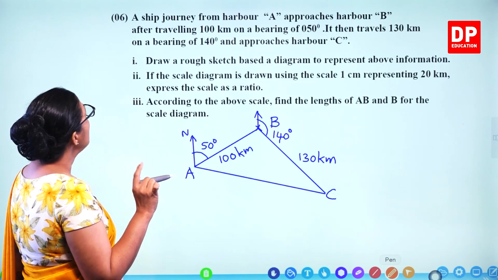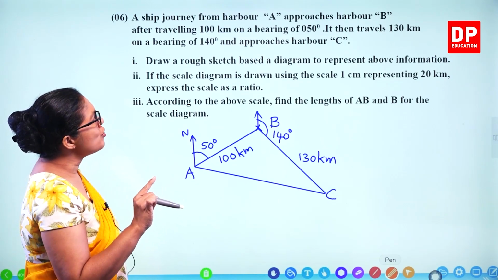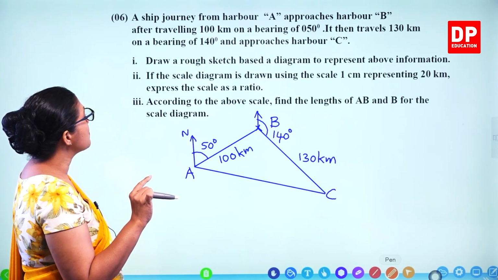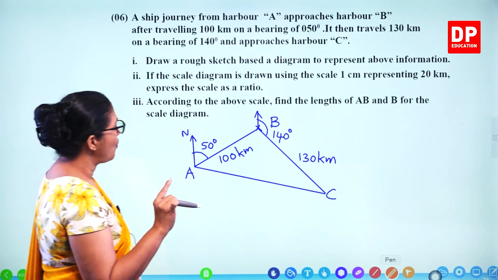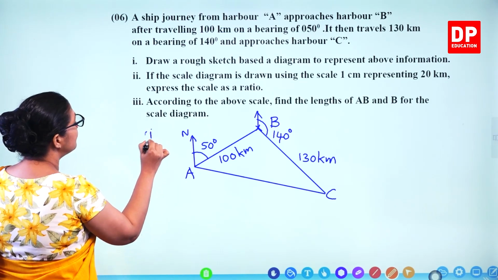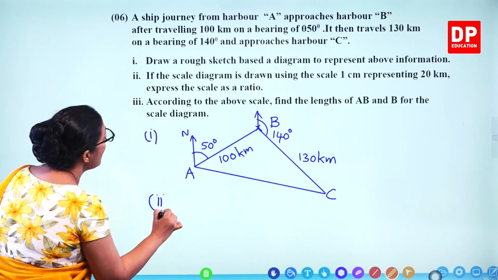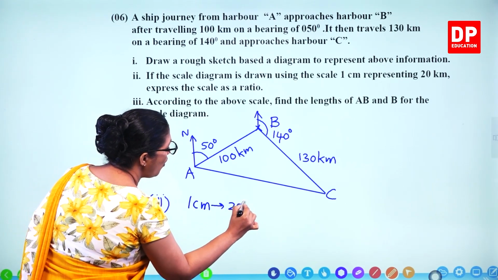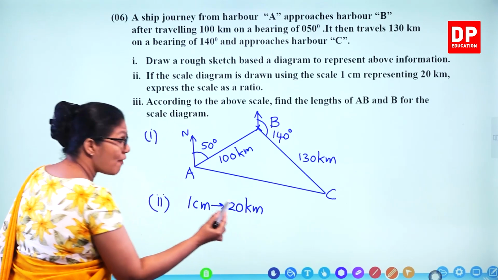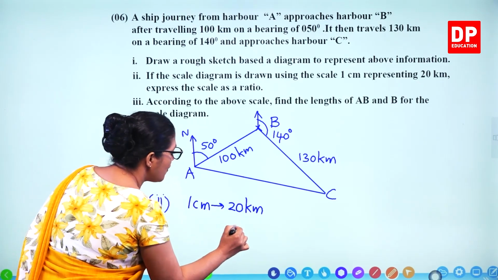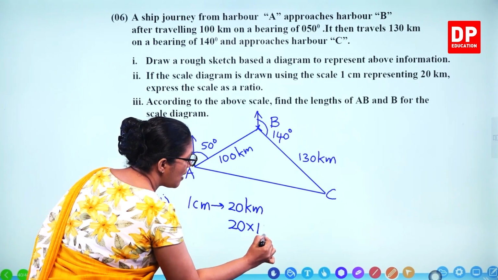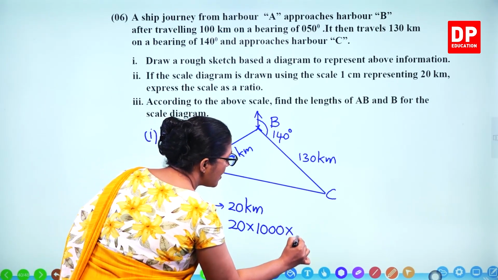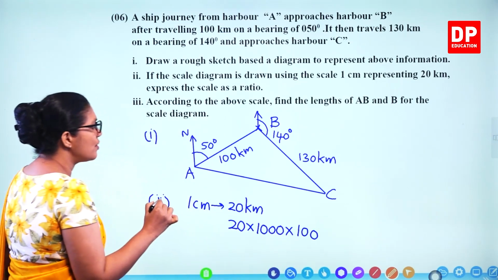Then if the scale diagram is drawn using the scale 1 centimeter representing 20 kilometers, express the scale as a ratio. So the second part, just write down the scale, 1 centimeter, 20 kilometers. So we have to convert to centimeters. First convert to meters, that means multiply by 1000. That's meters. Again multiply by 100 to convert to centimeters.